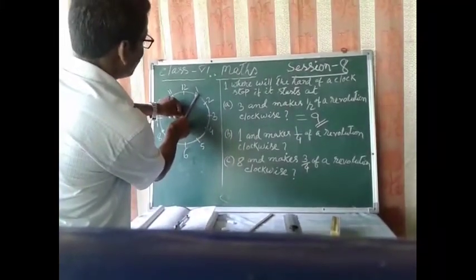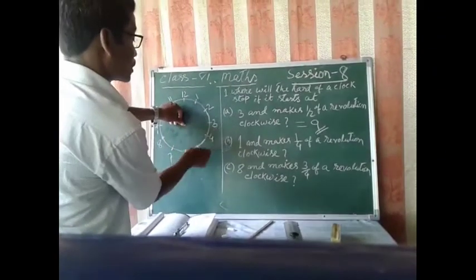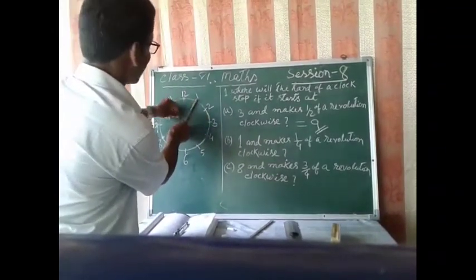So in 1/4 of a revolution, the pointer moves 3 divisions only. Start at 1 and move 1/4 of a revolution.